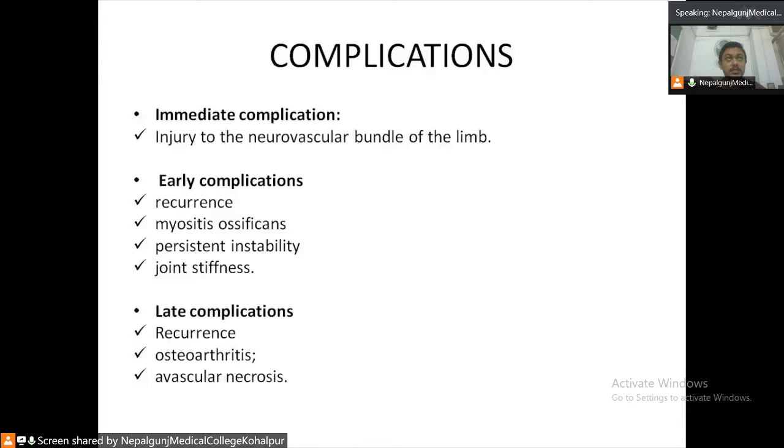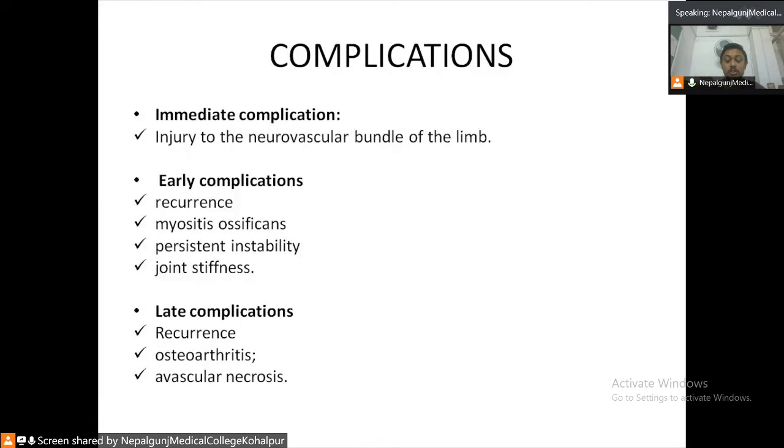There can be joint stiffness: if there is a joint dislocation and you keep the patient immobilized for a very long duration, it can often lead to joint stiffness. Coming to the late complications, you can have a recurrence, similar to the early complications. The other one is osteoarthritis, and the final one is avascular necrosis.